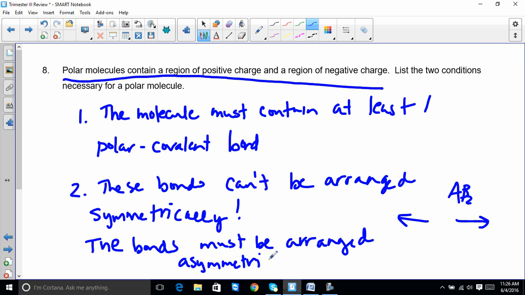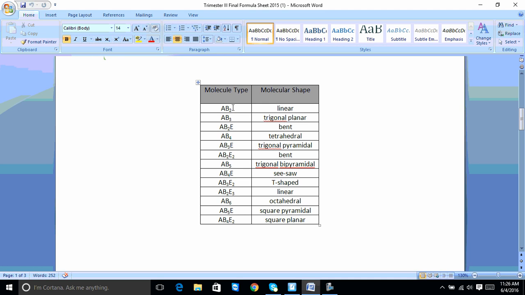Now, the toughest part, and I actually wrote it on the other part where I just gave the answers, on this chart, you're going to have to memorize that if they don't have an E in them, they're symmetric. So AB2, AB3, AB4, AB5, and AB6 are symmetric.